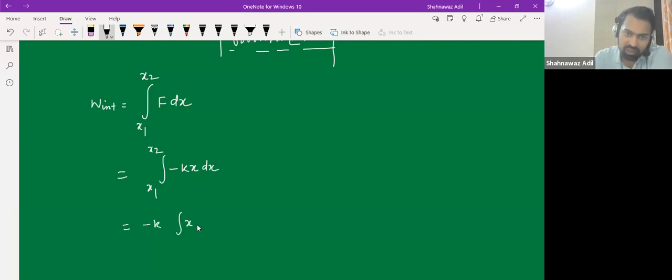So what is the integration of x? Do you guys remember? Already you guys have forgotten. What is the integration of x^n?